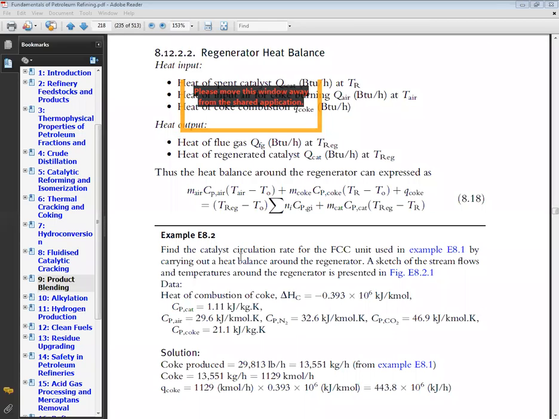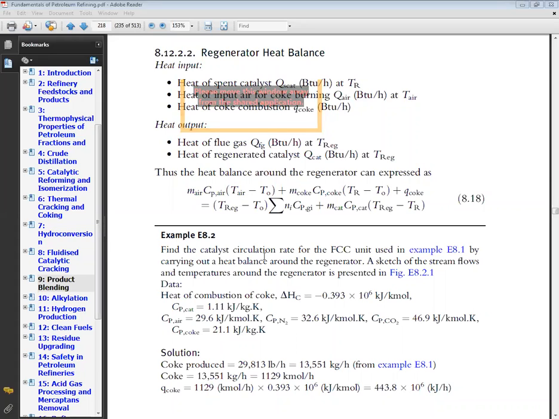Actually, here the calculation will find the catalyst circulation rate. In other words, we can say the catalyst mass flow rate. Mass flow rate we will calculate for catalyst. Yesterday I showed you the configuration. Do you remember? I think so, right? There is a side by side configuration, meaning first the reactor, and beside it a catalyst regenerator.